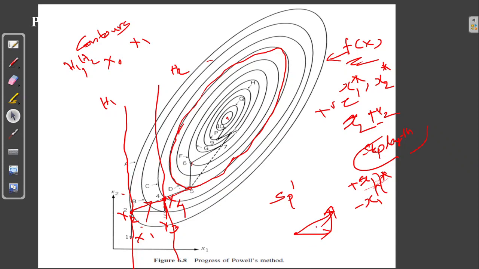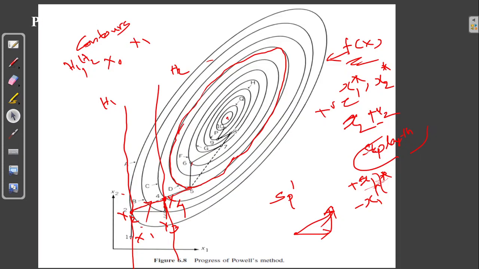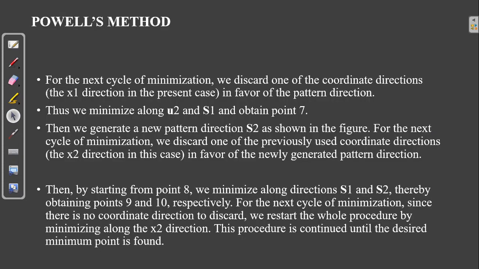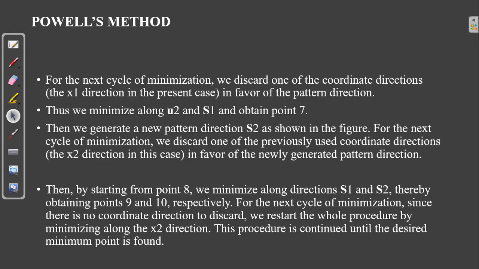So you should discard one of the coordinate directions. Here in this case the x1 direction is discarded. So in that way we will continue our next cycle of iteration.